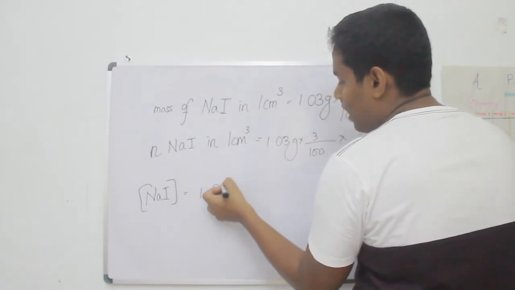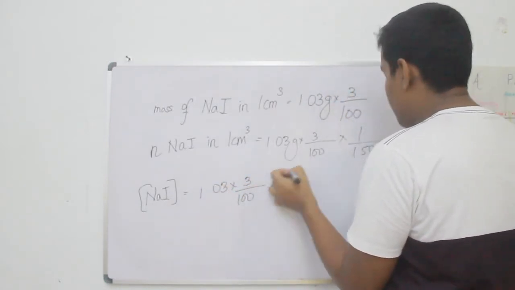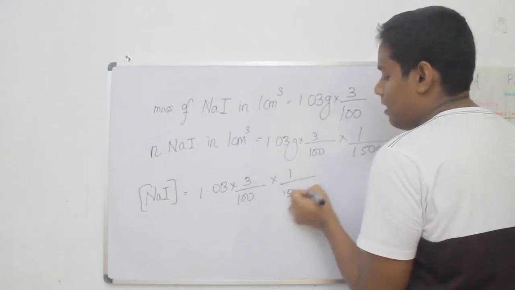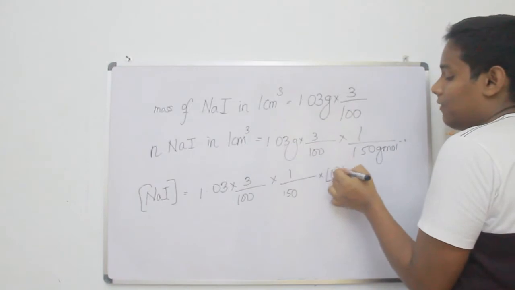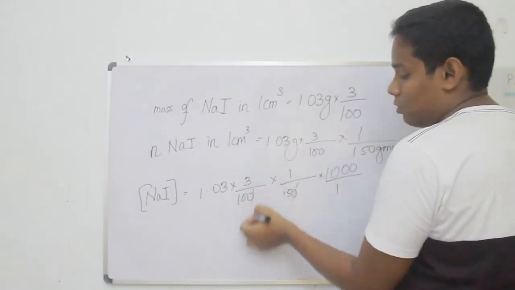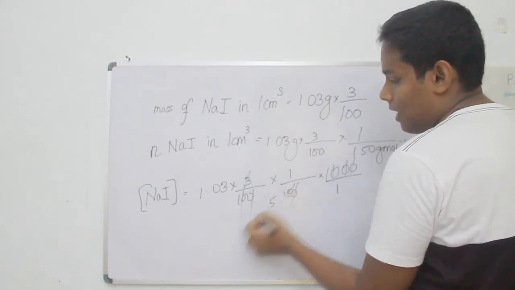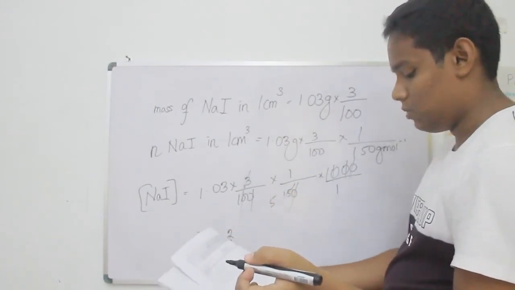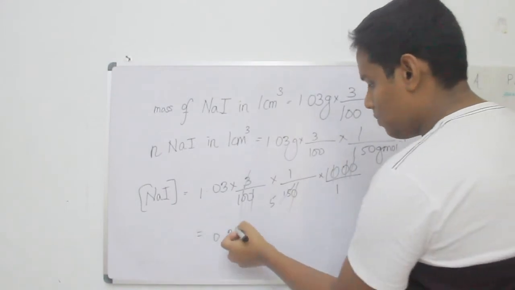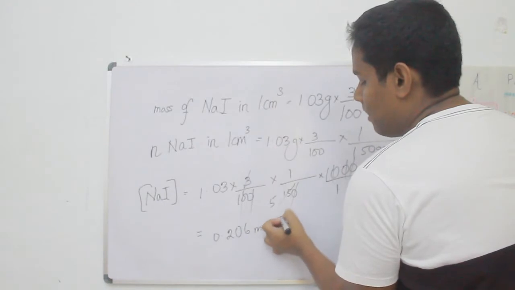That's going to give you 1.03 times 3 over 100 multiplied by 1 over 150. This is there in only 1 cubic centimeter, but we are interested in 1000 cubic centimeters. So this is 0.206 mole per cubic decimeter.